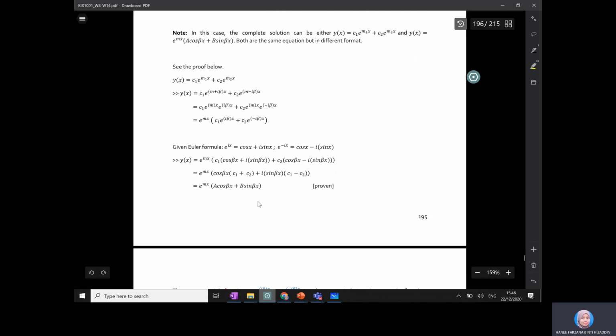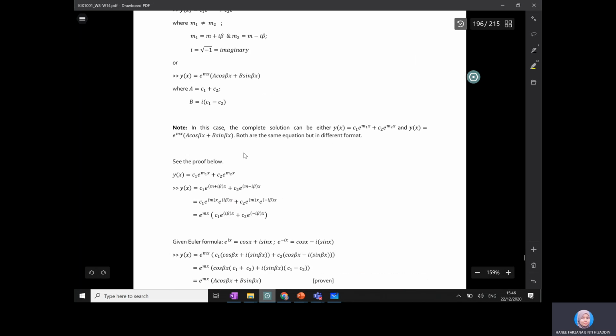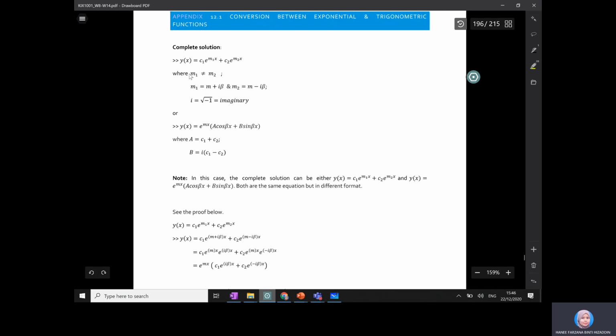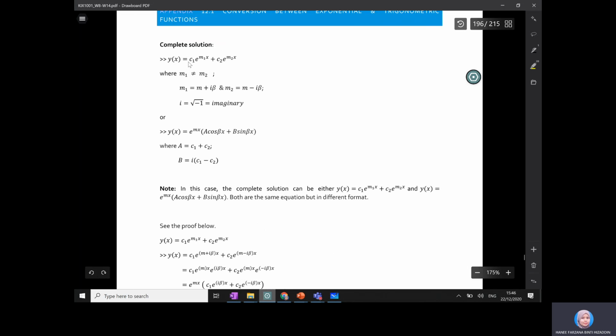You can go through this to prove to yourself that if you're given the complete solution y equals c1 e^(m1x) plus c2 e^(m2x), and m1 and m2 are complex conjugates, then you can write this term as this, where A is c1 plus c2 and B is i times (c1 minus c2).